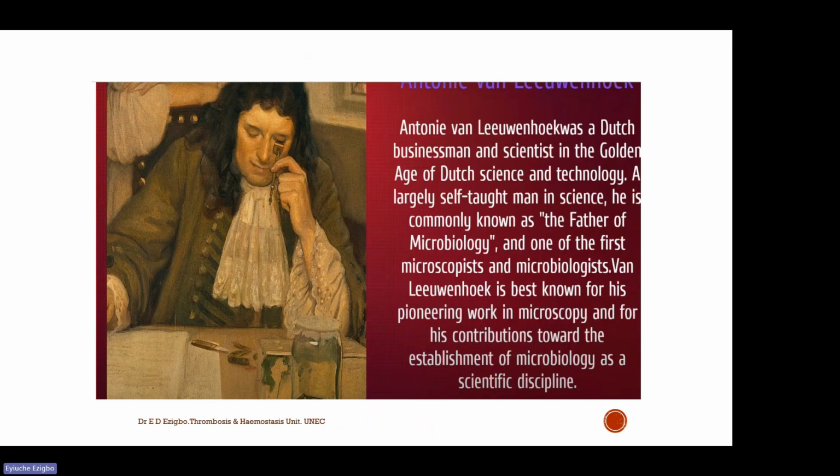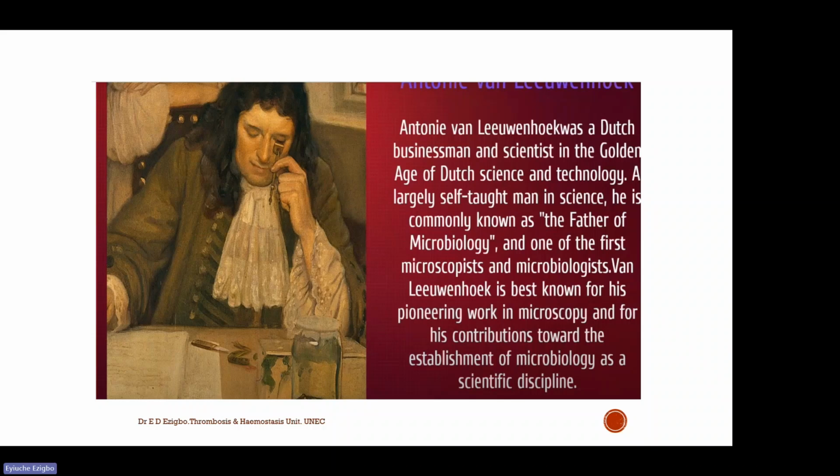So you can see a Dutch scientist who was a businessman and a scientist. He is commonly known as the father of microbiology and one of the first microscopists and microbiologists.